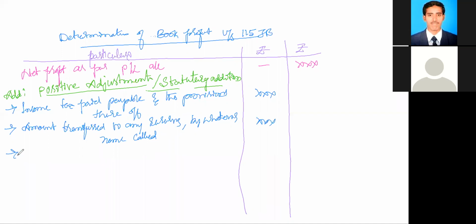Next is provision for uncertain liabilities, that is, provisions relating to uncertain liabilities.